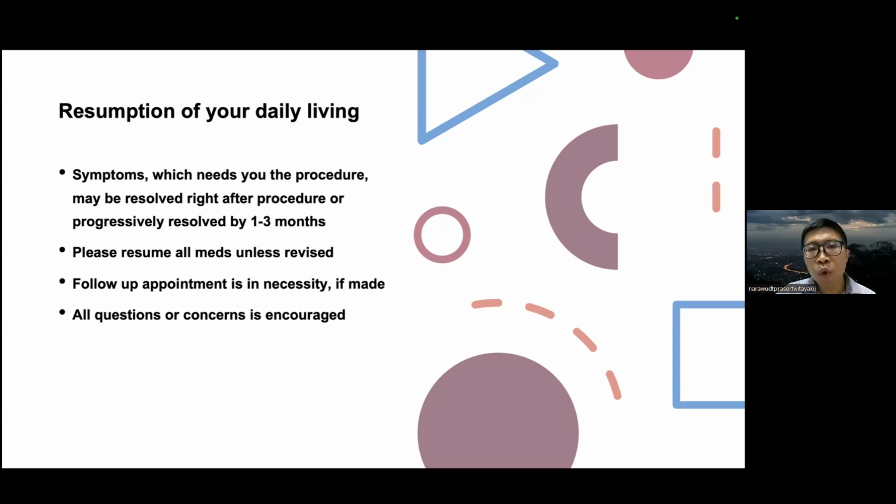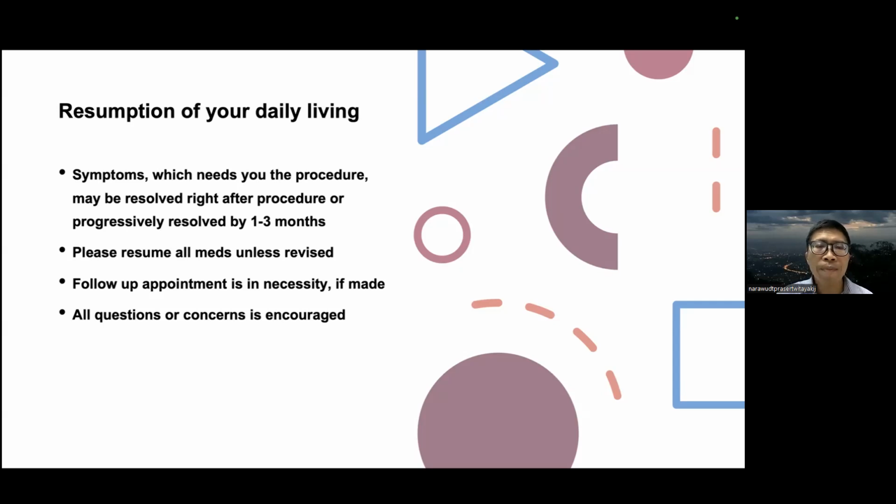For resumption of your daily activity, you can do it, but the symptoms which you had before the procedure may resolve right after the procedure, or can progressively resolve by 1 to 3 months after the procedure.